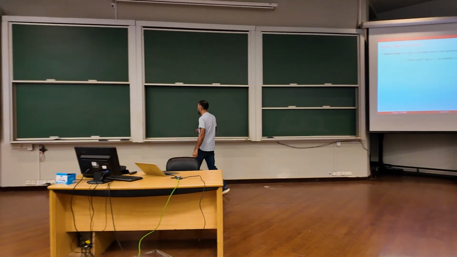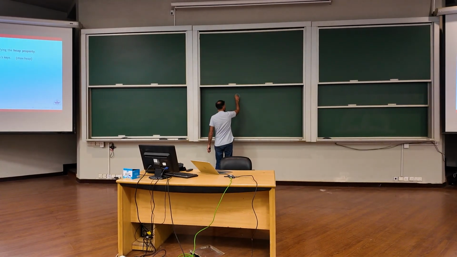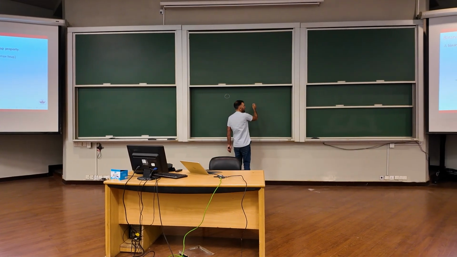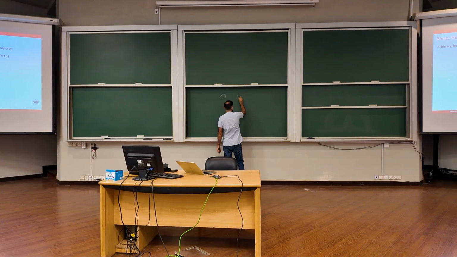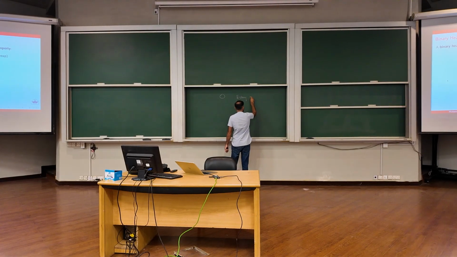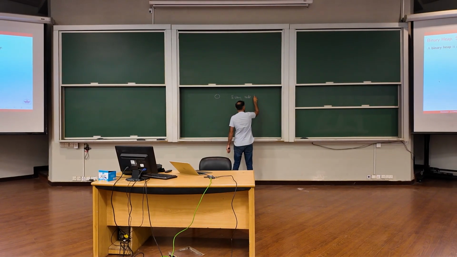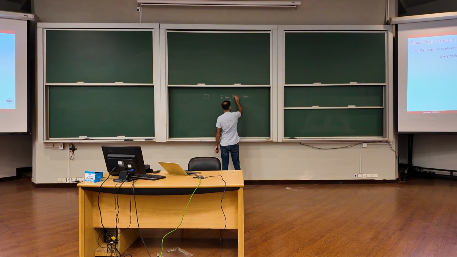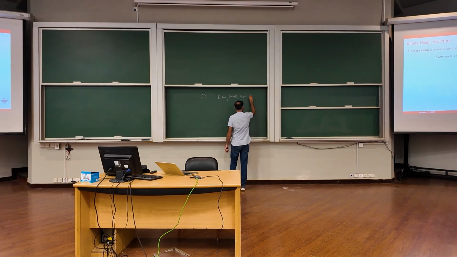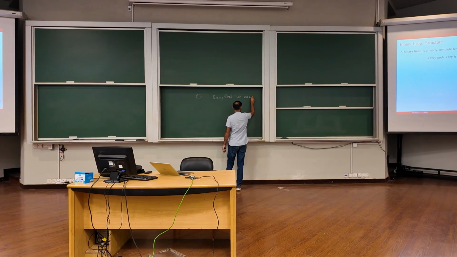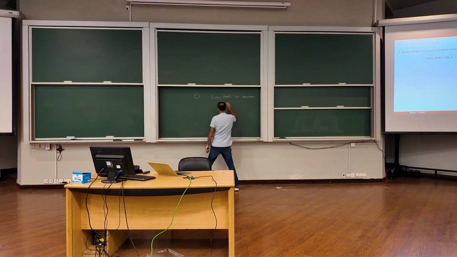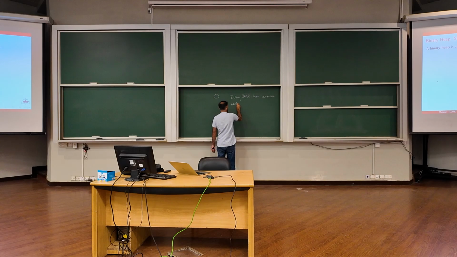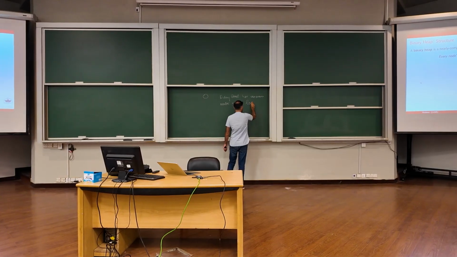So a complete binary tree is a binary tree where, let me write down the definition, every level has maximum nodes except the last level.